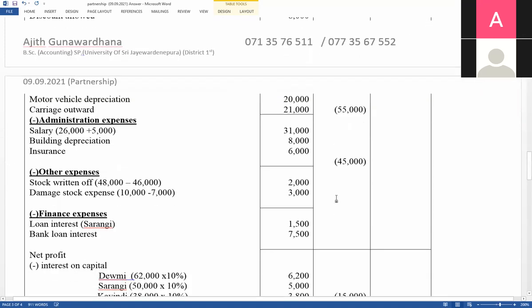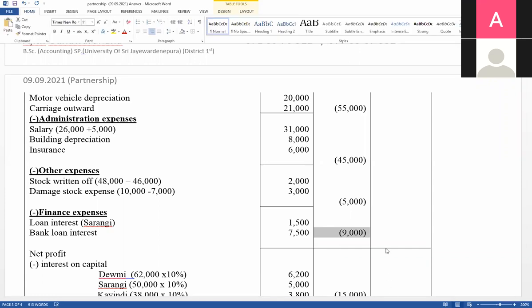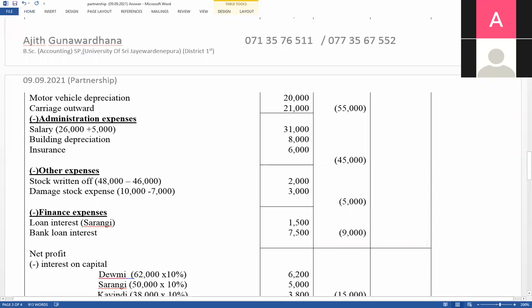Other expense total value equals 5,000. Think how to calculate net profit. Here the total amount equals 9,000. Therefore, total expense should be included in the last column within brackets. Then net profit can be calculated. The expense total value in the last column within brackets equals 114,000.